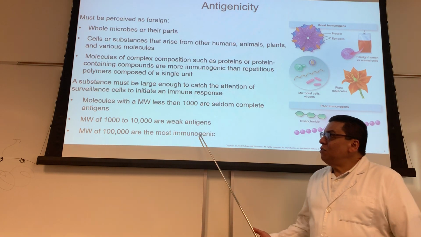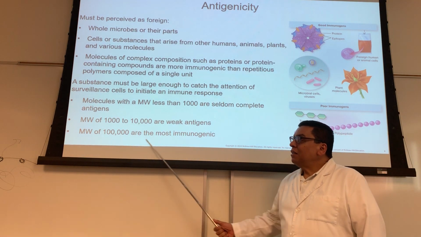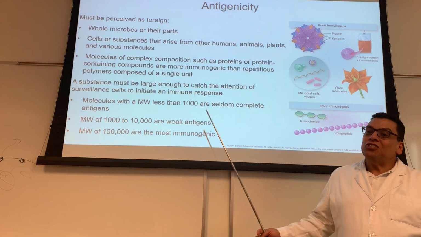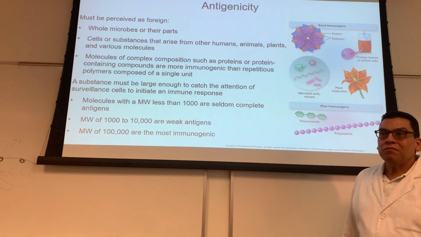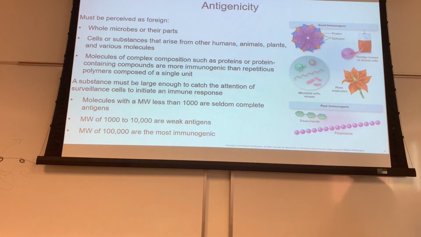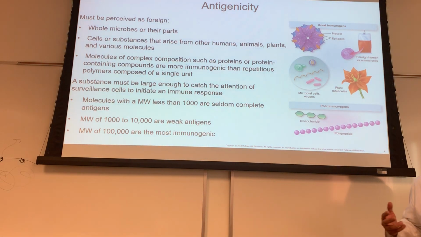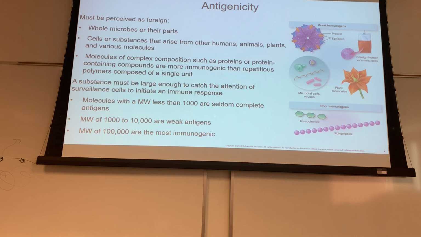And these are usually these guys. The larger the antigen is, the more antigenic it is. Because it has more epitopes to choose from. And I'll explain to you what that is. Hang in there. So the larger the antigen is, the more antigenic it is.